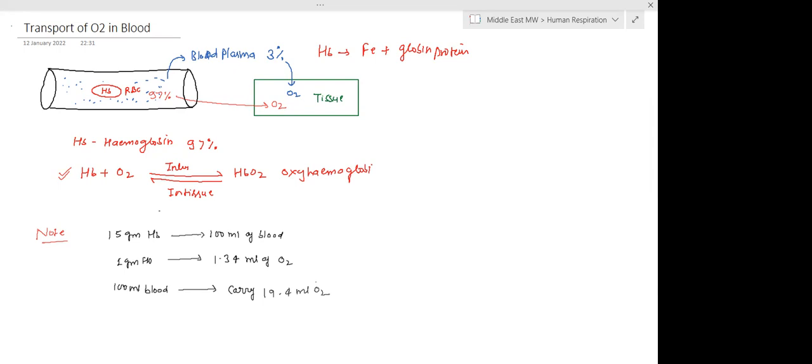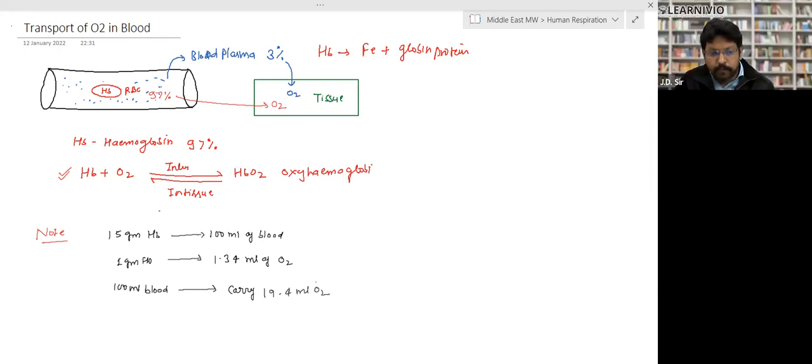Sir, can you please repeat from 1 gram of hemoglobin? 1 gram of hemoglobin binds about 1.34 ml of O2, full stop.